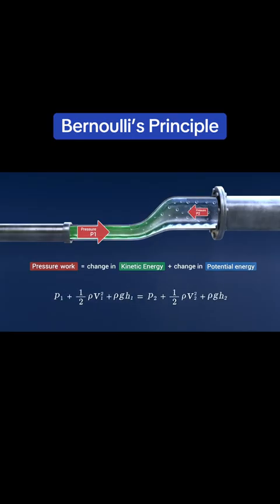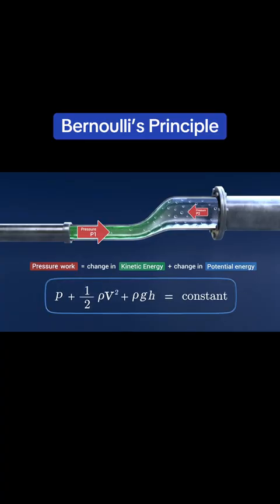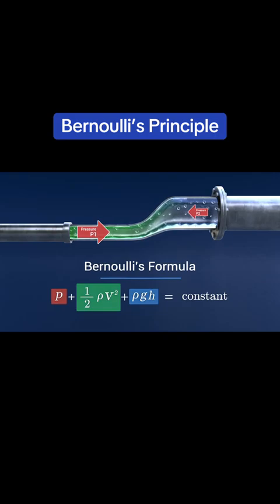Rearranging to collect terms at each point, P1 plus half rho V1 squared plus rho g h1 equals P2 plus half rho V2 squared plus rho g h2. And since this applies between any two points along a streamline, we write the general form: P plus a half rho V squared plus rho g h equals constant, which is Bernoulli's formula.